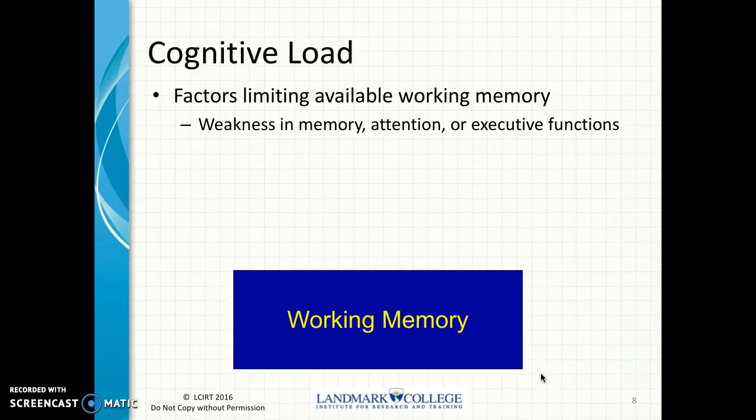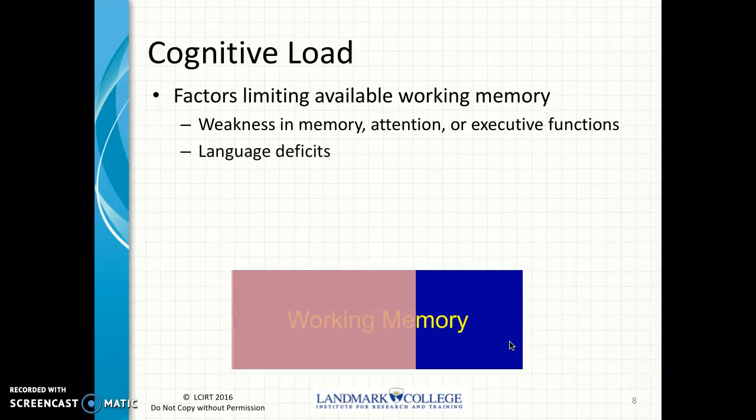So they don't necessarily have as large a capacity as some of their neurotypical peers, at least in terms of working memory capacity. Then we may have students who have language processing deficits. Language processing is a load that many students have to tackle during most learning tasks, but for a student with language processing difficulties, that's quite a heavy load.